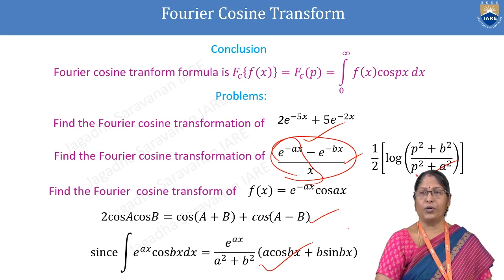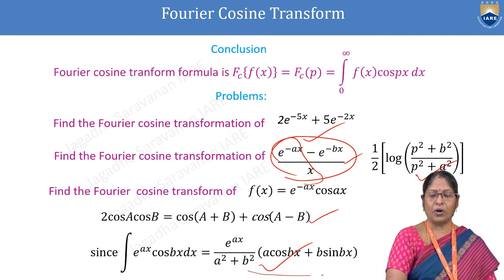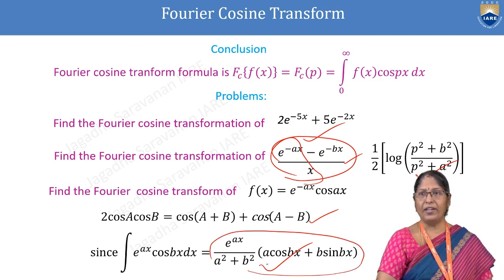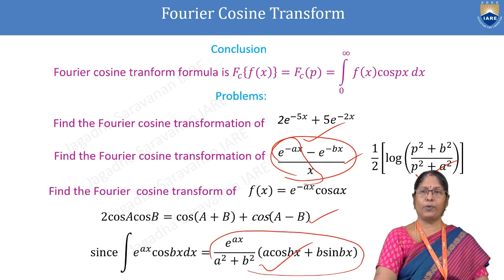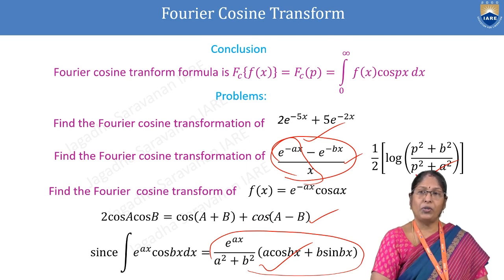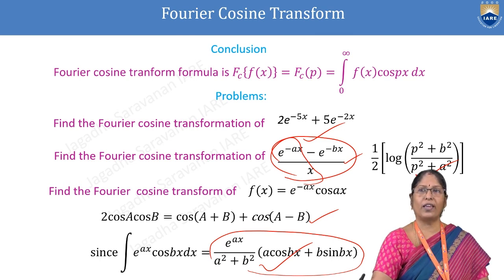Throughout this video lecture, for the Fourier cosine transform, we discussed in detail how to apply the formula e power ax by a square plus b square into a into cos bx plus b into sin bx. And we did a comparison with our problem integration: what is a, what is b? We did and we solved it.